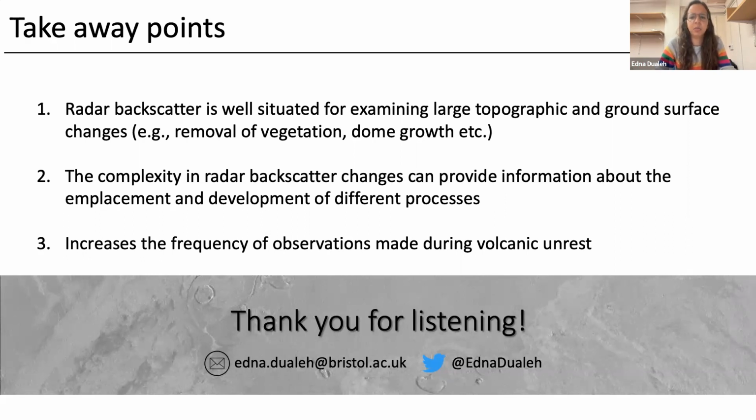It really helps when you're trying to interpret the complex signal in this data set.